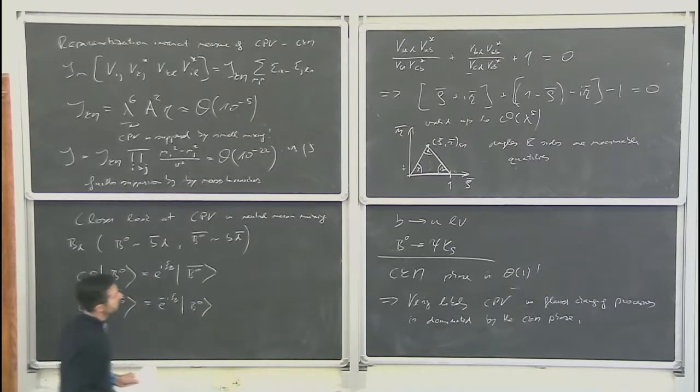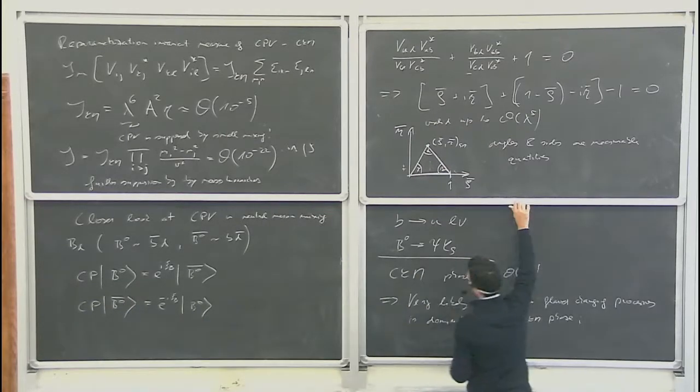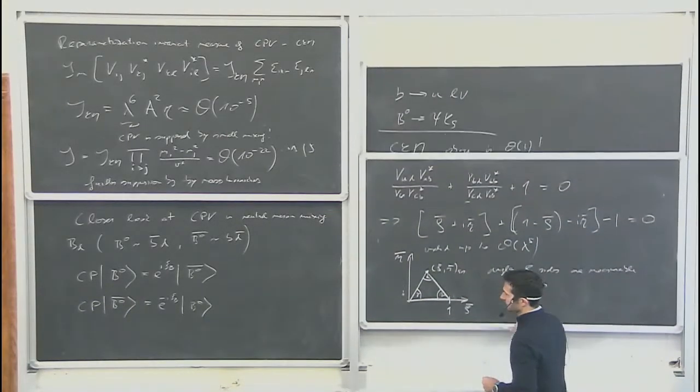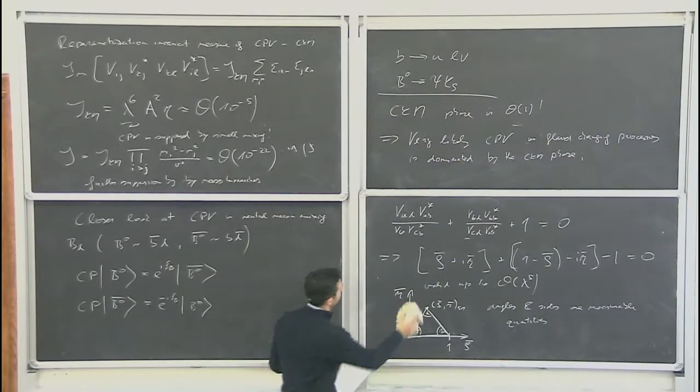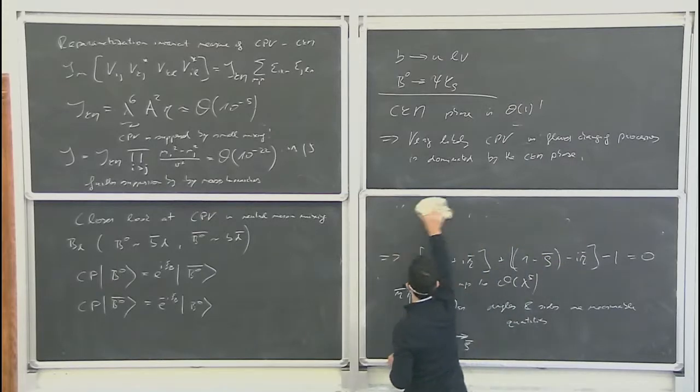Now, with these definitions, we can write down the time evolution of a general admixture of these flavor eigenstates.